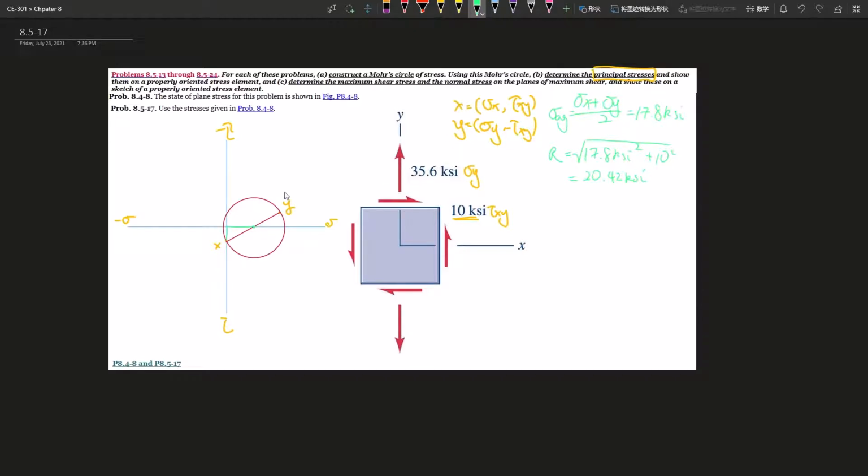So we've done A. Next is to determine the principal stresses and show them on a properly oriented stress element. Principal stress is when you rotate X always toward this side.